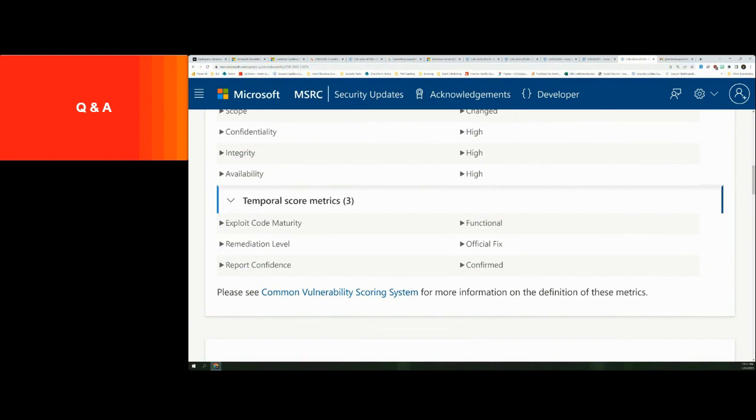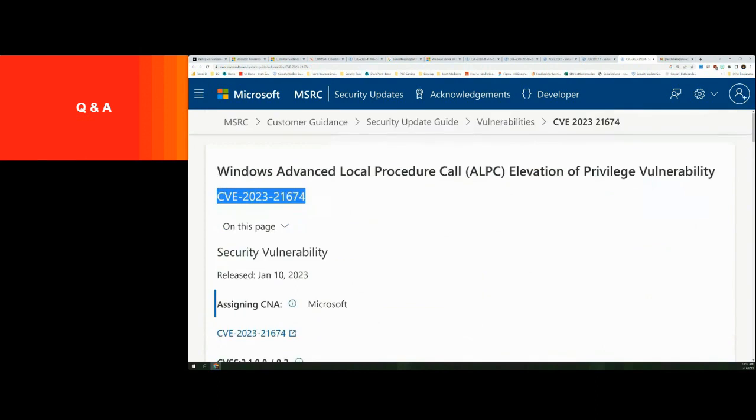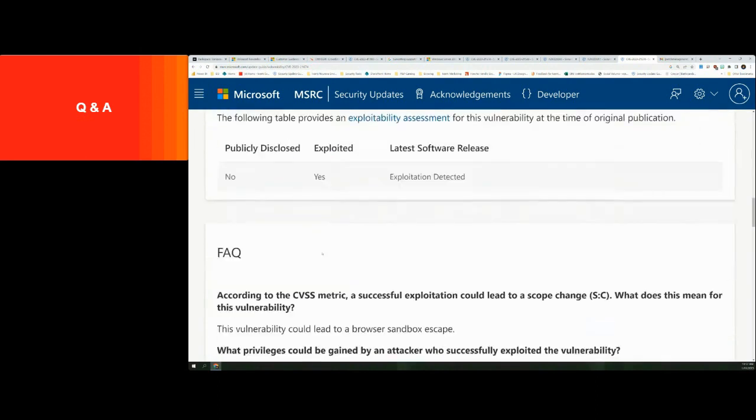I can't give guidance of you should stop everything and do this right now. That's just not the type of general guidance that we can give, because every organization is a little bit different. But if you can do end user machines quickly, that would definitely be a serious reduction in risk real quick.